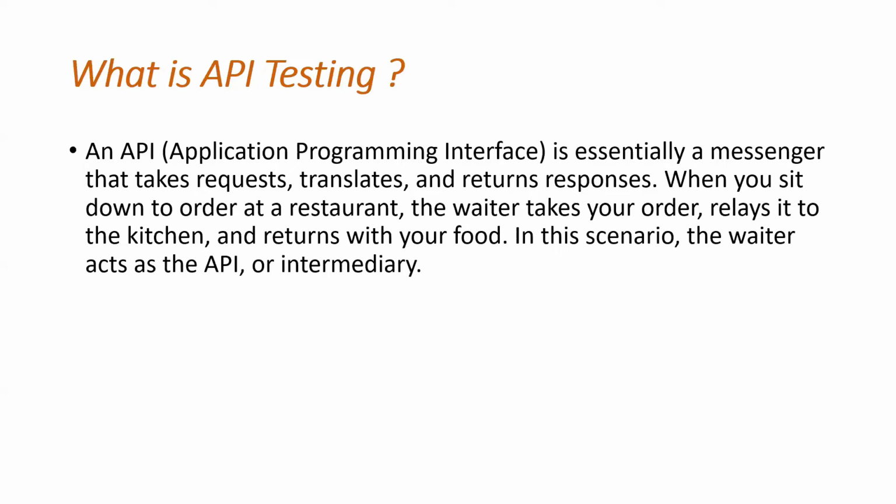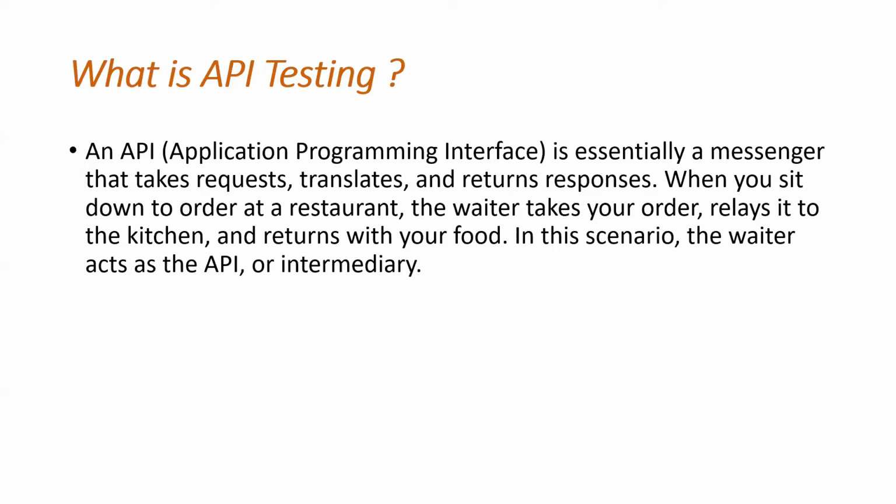So what is it? API is Application Programming Interface, which acts as a messenger between two softwares. Let's say one software wants to interact with another software, then API is a messenger which is going to act as an intermediate between them. The software which is requesting, that means the software which is asking for something, is called the requesting or client software.